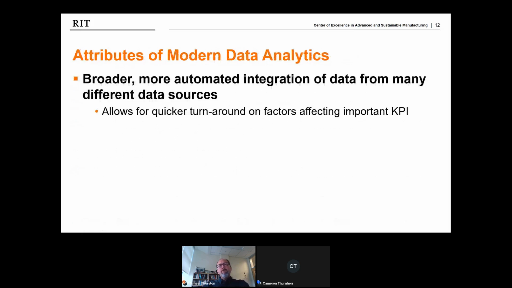So data analysis has been done in manufacturing for a long time, but technology convergence in internet data access, data communications, and data processing capabilities, and also data analysis methods have really changed the way that data analysis can be done today. It's easier to integrate data from across different business systems, allowing for quicker turnaround on factors affecting important KPI in a business.